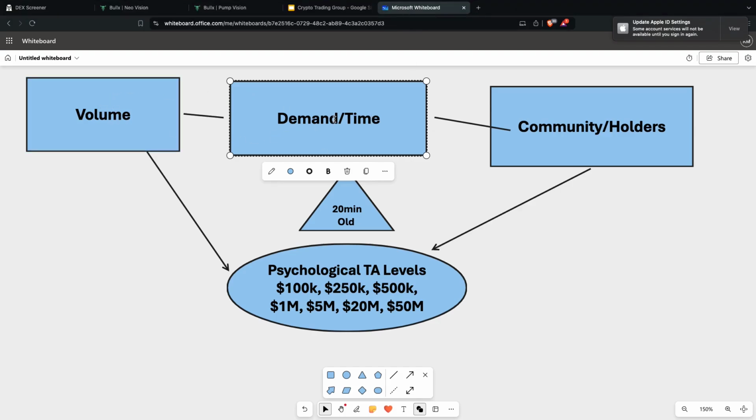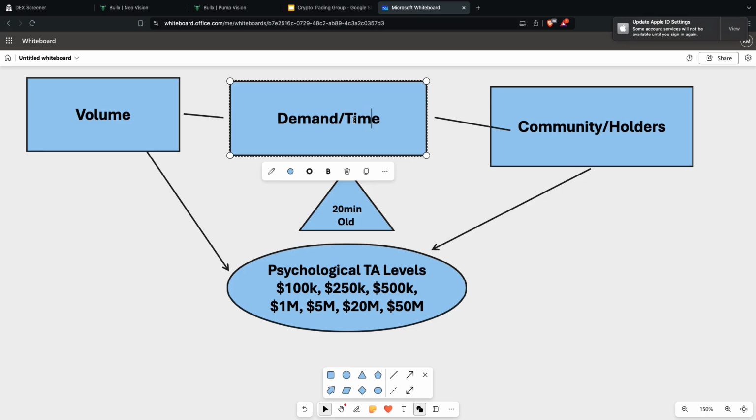Remember what we talked about: volume and demand play a key role when it comes to the type of filters that you're supposed to be using. Number one, high volume shows that there's a lot of potential. Either the team is very experienced, they've got a lot of money, they are very calculated when it comes to doing stuff.